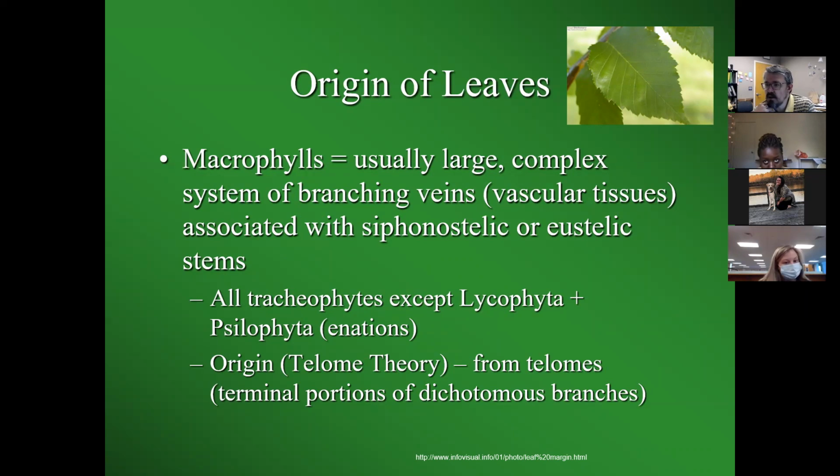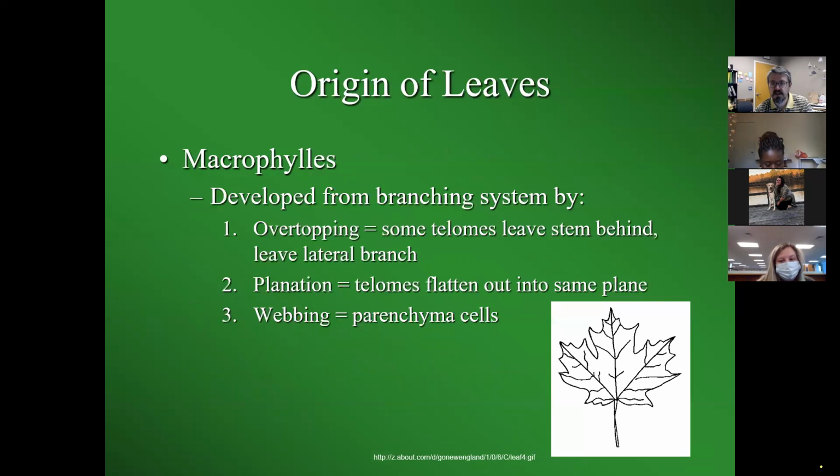Now, the telome theory of origin, as opposed to the enation theory that I just showed you, is more of this idea. So it's a little more written out. We get a branching system like we see here in this maple leaf through a system called overtopping, planation, and webbing.